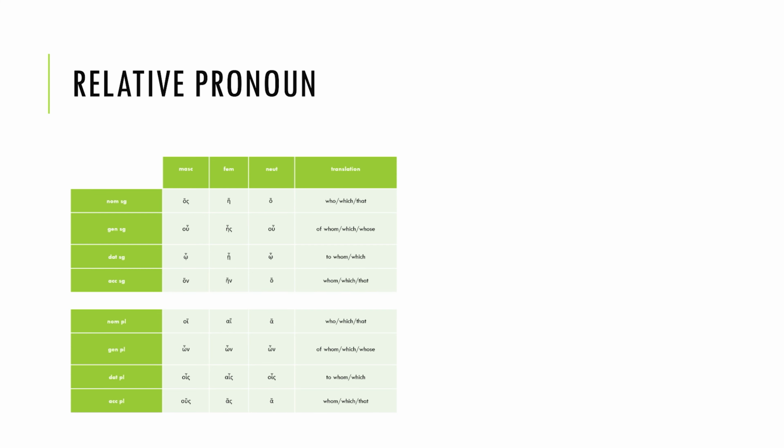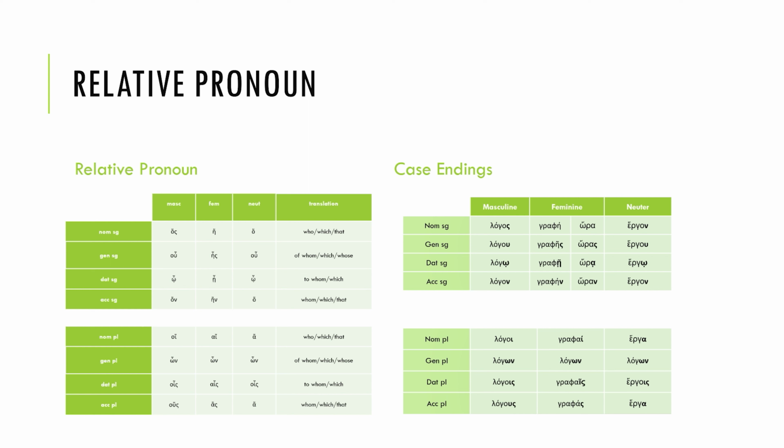Now, if you compare them to the case endings, they're almost identical. So there's a few differences. If you're looking at the neuter, you'll notice that the neuter nominative singular and the neuter accusative singular end in nu. The relative pronoun does not have the nu at the end of it.